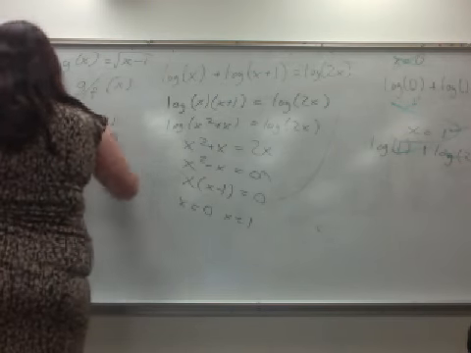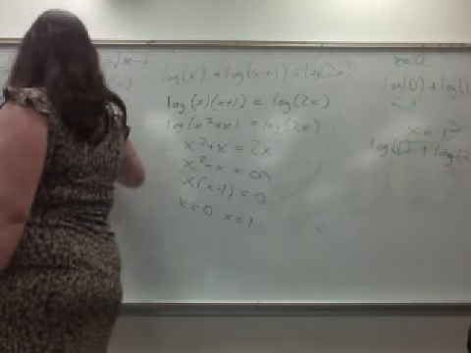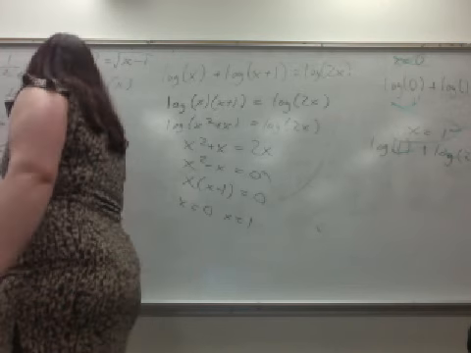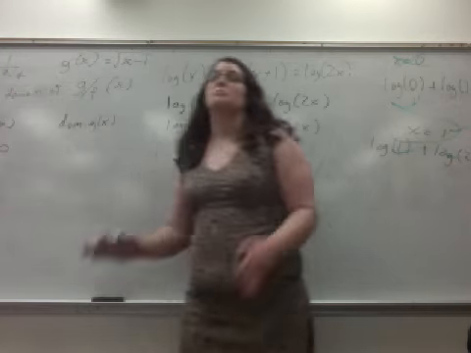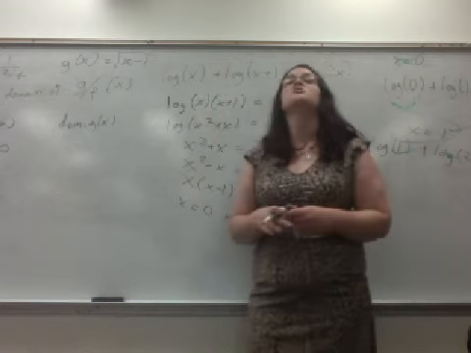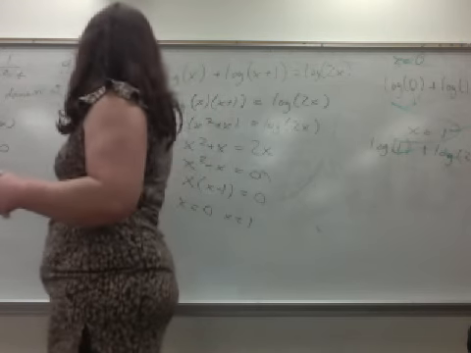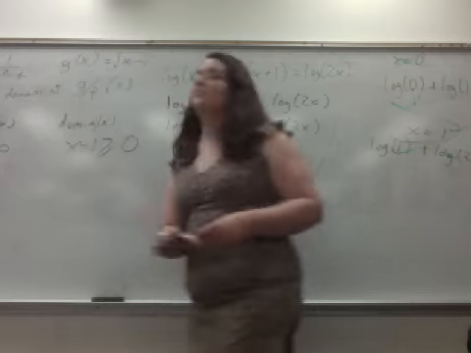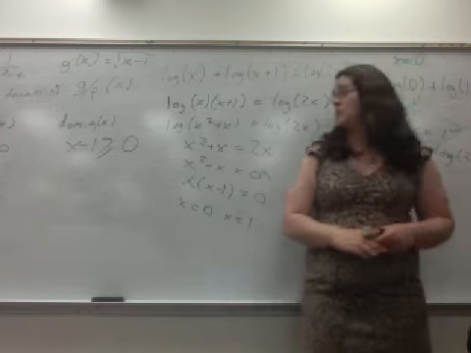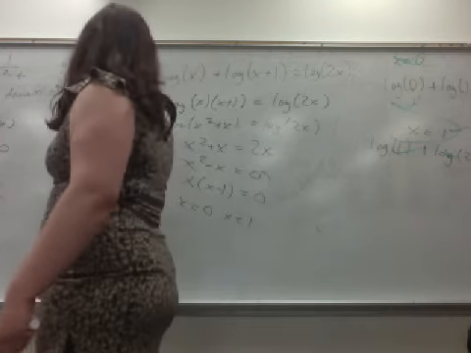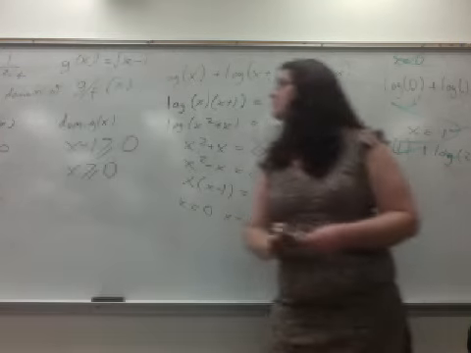If we're doing the domain of g of x, we have a square root. If you ever have a square root, whatever's inside cannot be negative. So x minus 1 is bigger than or equal to 0, so x is bigger than or equal to 1.